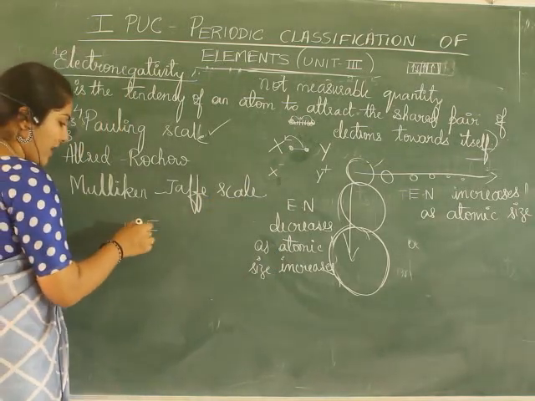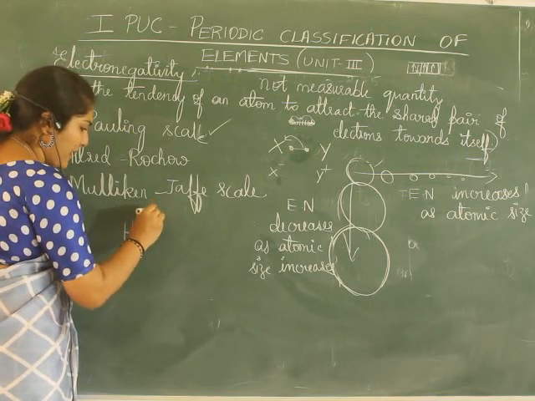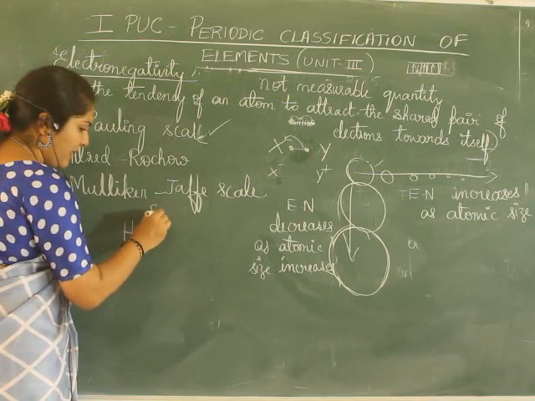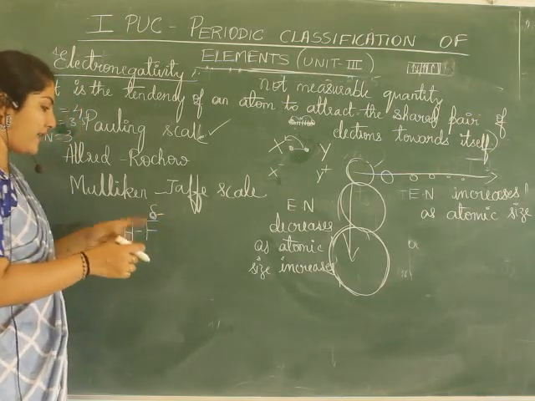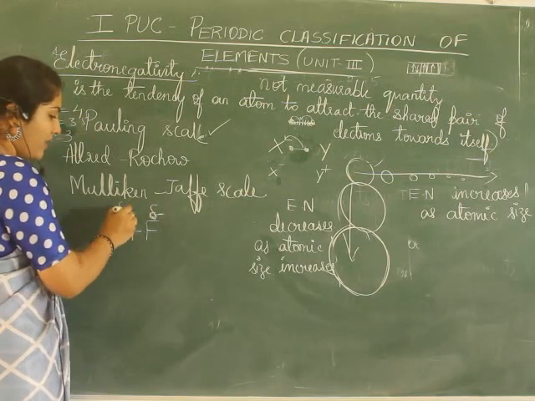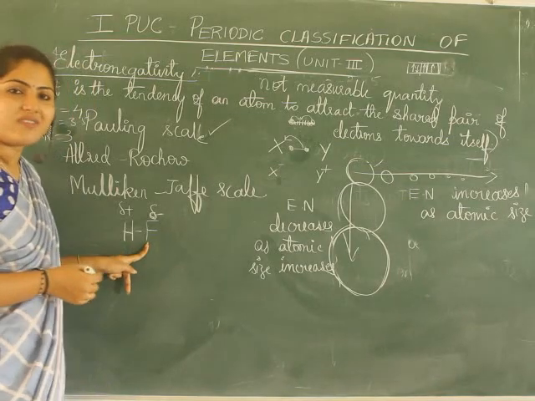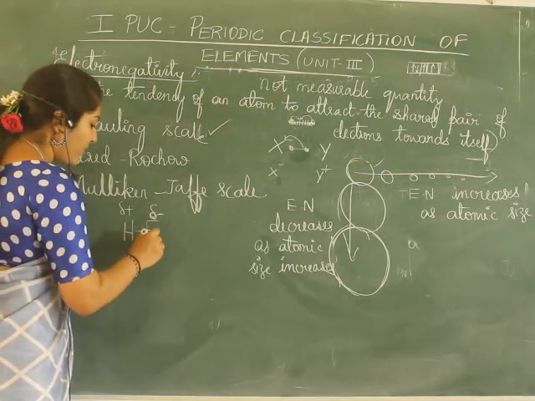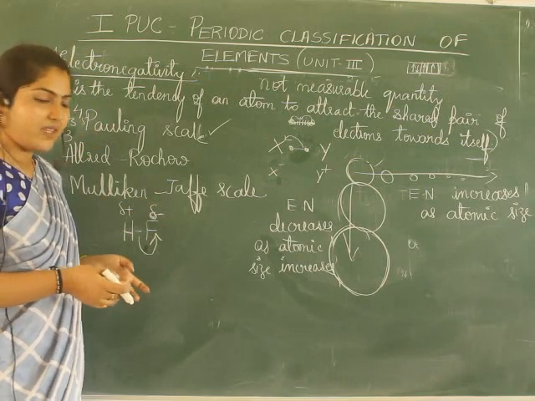So in H and F, fluorine is highly electronegative. So this delta minus means partial negative charge, we say. Here hydrogen is positive. So which one has more tendency to pull the electrons? Fluorine will pull the electron towards itself, so it becomes negatively charged.